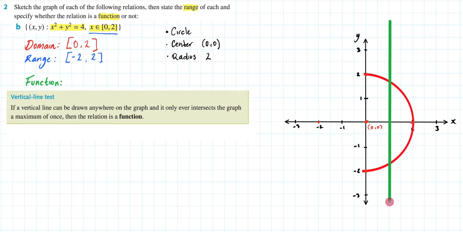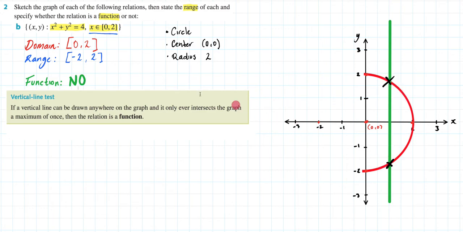And as you can clearly see, this vertical line crosses my graph twice. So if I get a pen, you can clearly see it crosses there and it crosses there. So this means that this is not going to be a function. So here I can write no. This is not a function because it crosses it twice.